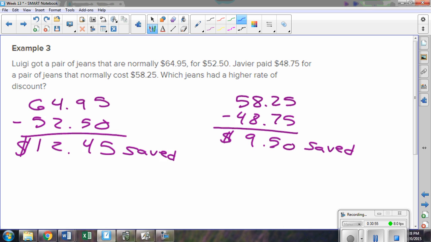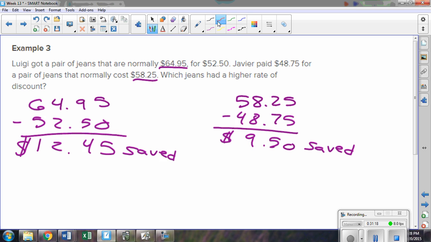He was going to buy a pair of $65 jeans. The other guy was going to buy a $58 pair of jeans. In order to compare who got the better deal, it's unfair to look at the raw dollar amount saved. And instead, we should look at the percentages.